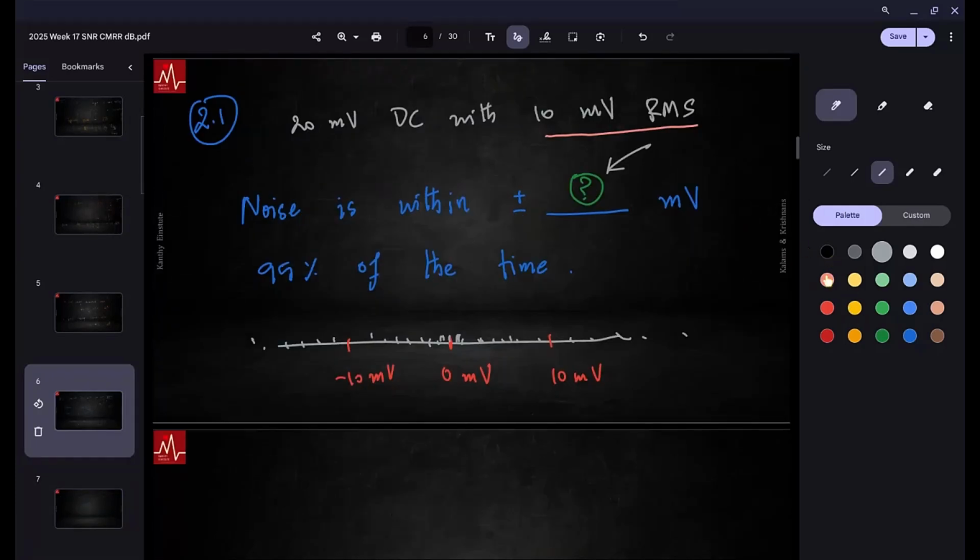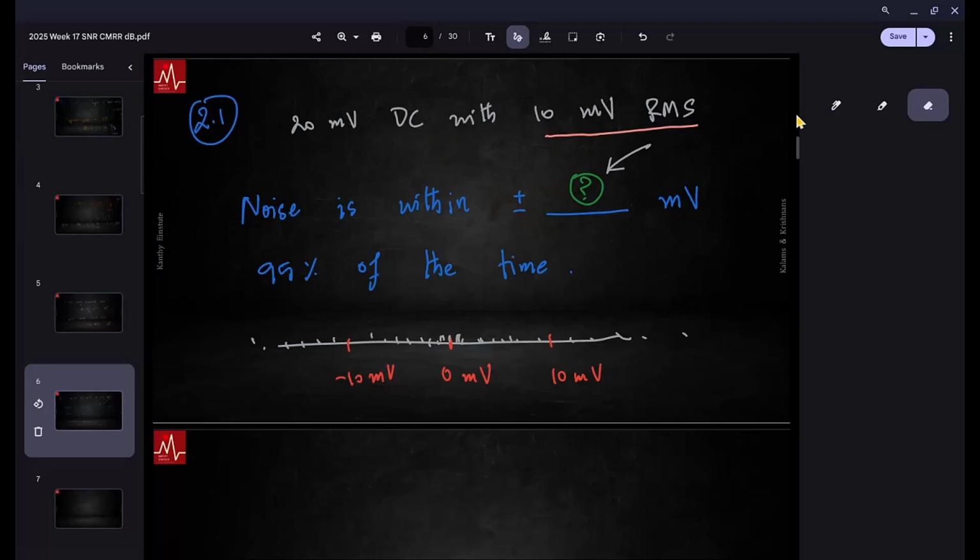Okay, so let me say this. By RMS, this is noise, so the mean is 0. So squared deviations, right? RMS of noise corresponds to standard deviation.